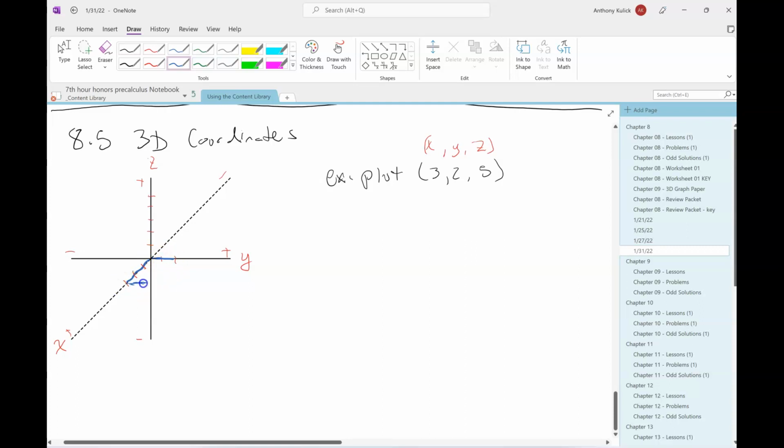And now I'm just going to make a parallelogram here. So this point now at the corner is basically the point 3, 2, 0. Because we've gone nowhere up and down. We've just plotted a point in the xy plane. Does everybody feel okay doing that piece?